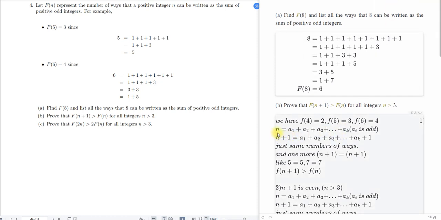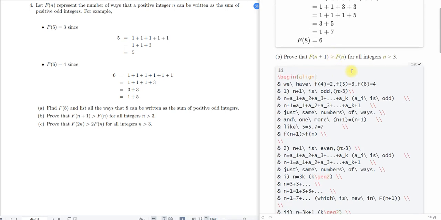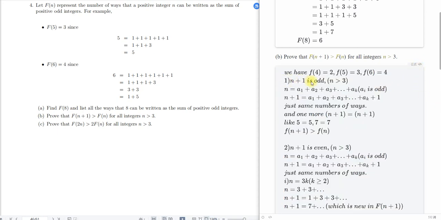So let's assume that n can be represented as a1 plus a2 plus a3 plus etc. plus ak, where each ai is odd. Let's assume n plus 1 is odd.